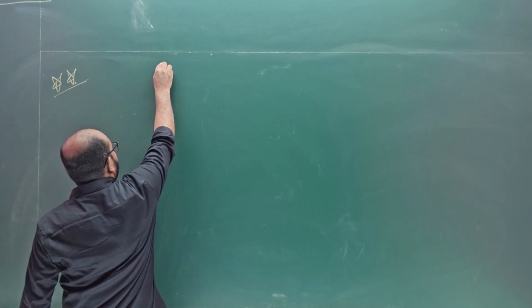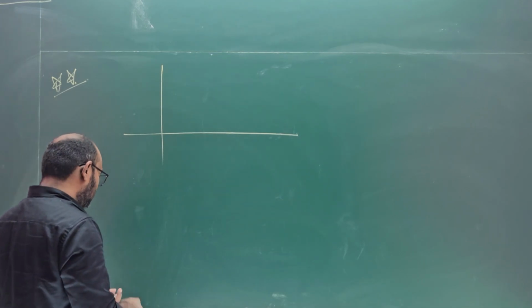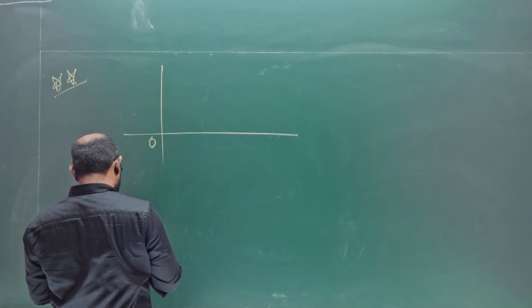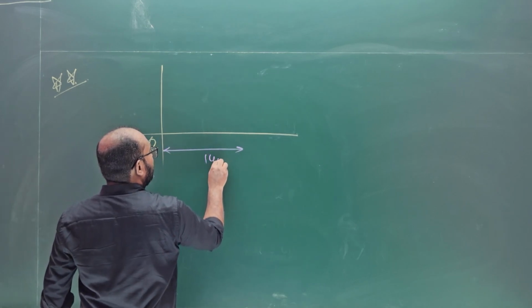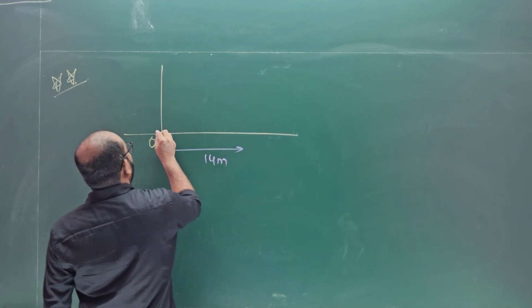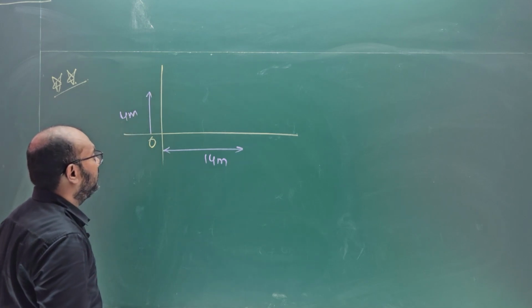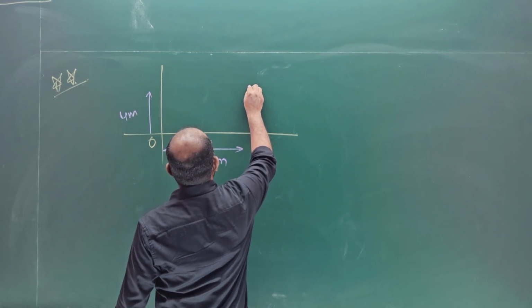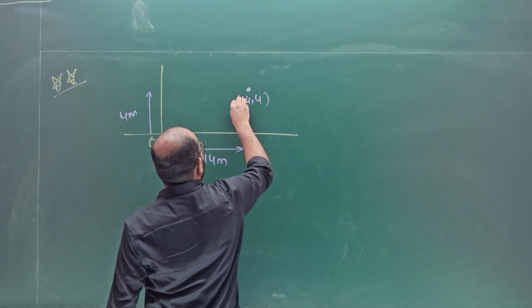Okay, now the question is given like this. Here is the origin. From here, 14 meters on the x-axis and 4 meters on the y-axis. One point is there here. That means the coordinate given is 14, 4.